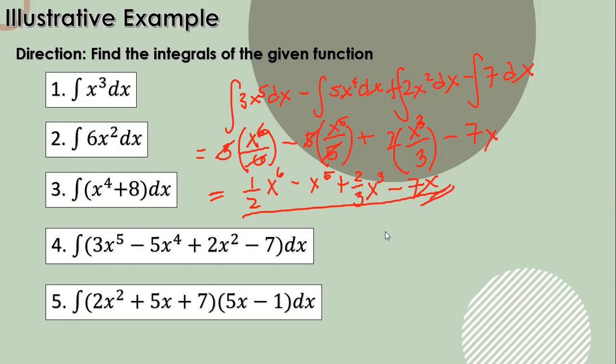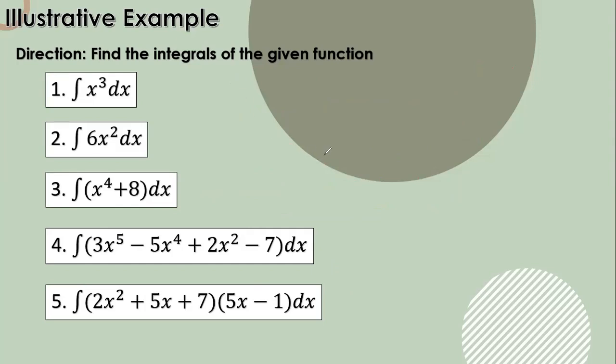Next up, we have number 5. The integral of 2x squared plus 5x plus 7 times 5x minus 1 dx. So here, we have two terms being multiplied. The easiest thing to do here is to distribute term by term, so expand this function. First, let's take 5x and multiply it to each term of the first function.